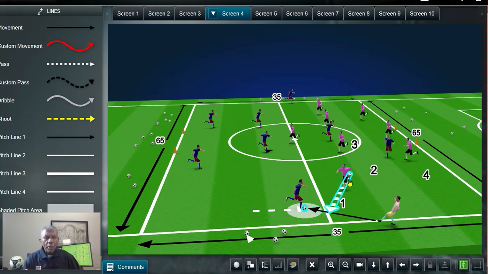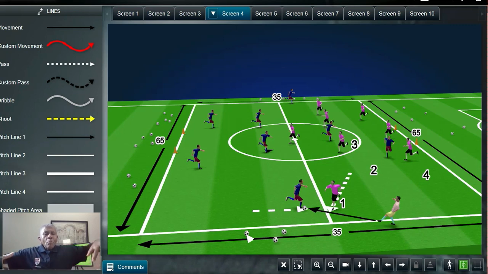Okay, and the second coaching point is the angle of approach. The third is his posture. Is he balanced? Is his knee bent? All right, his arms open to intimidate the attacker.